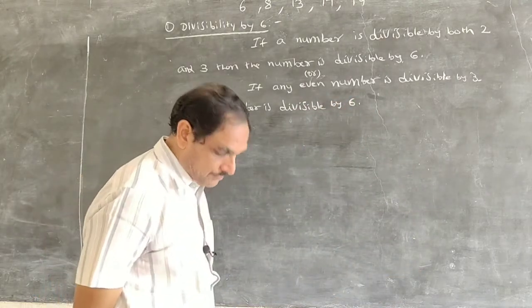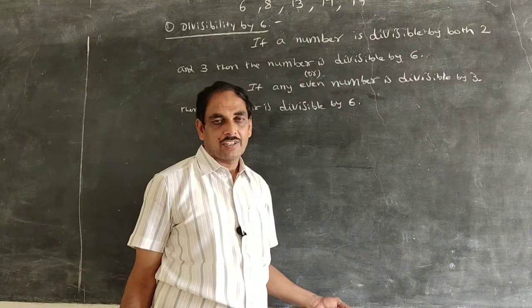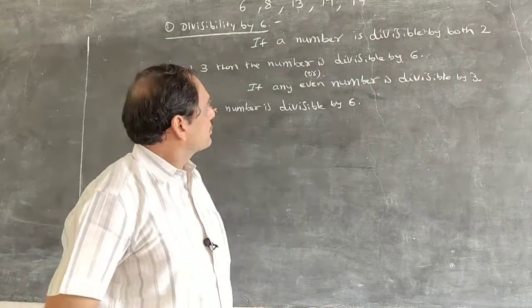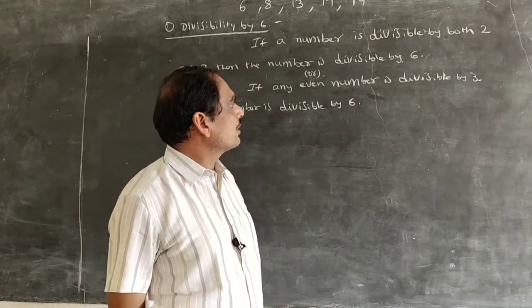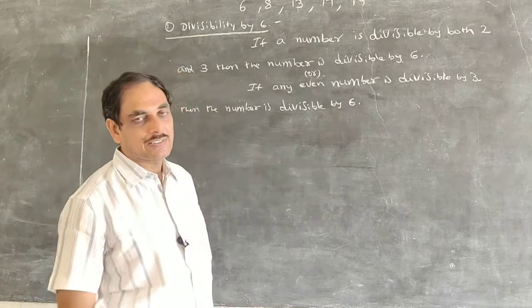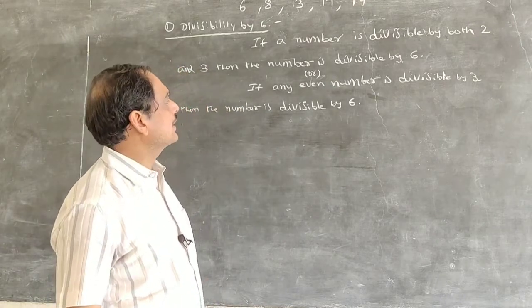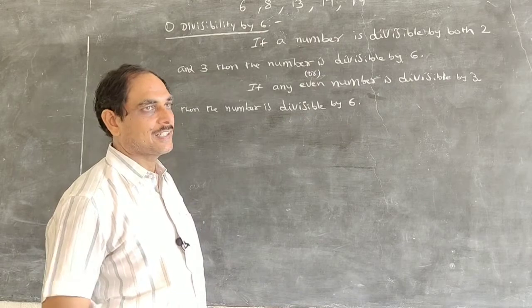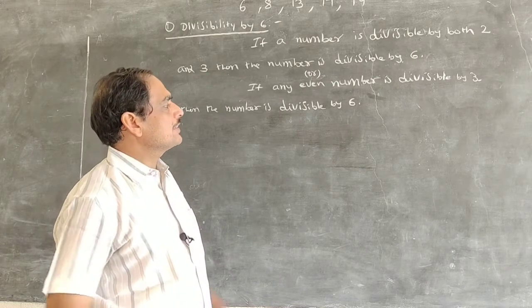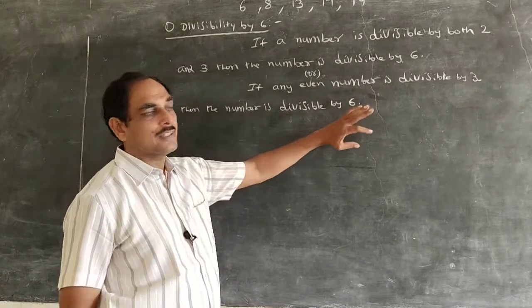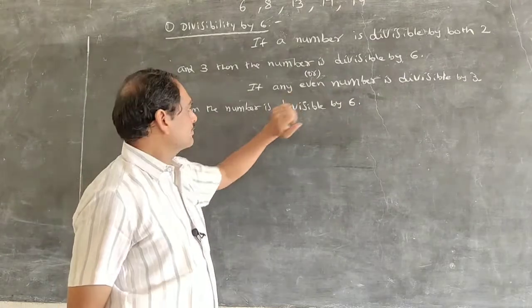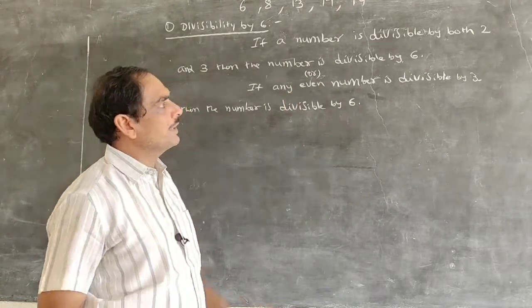So this is the property. If a number is divisible by both 2 and 3, then we say that the number is divisible by 6. Or if any even number is divisible by 3, then the number is divisible by 6.